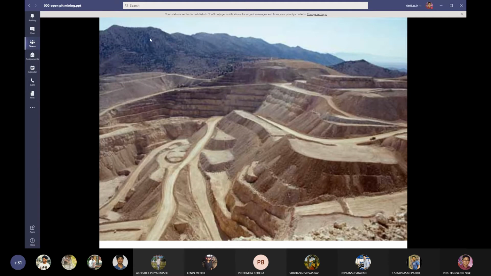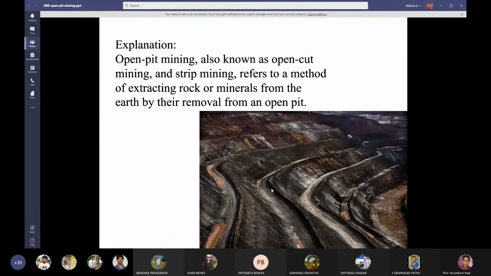You see the dump material which is dumped outside the mine looks like a hill. These are waste materials obtained from the mining. So this is the type of mining activity carried out in surface mines.